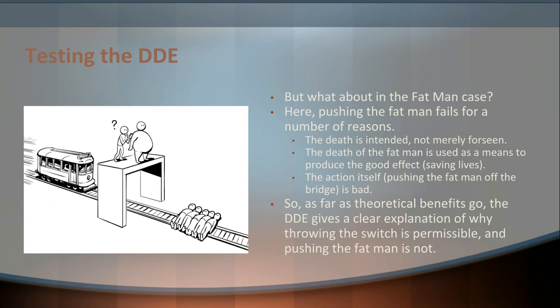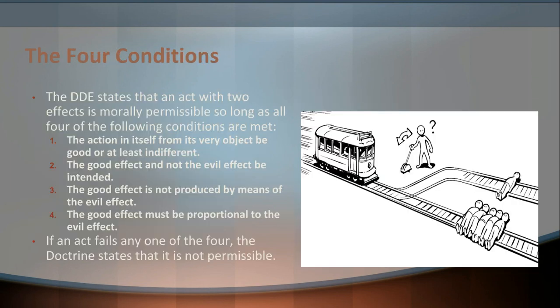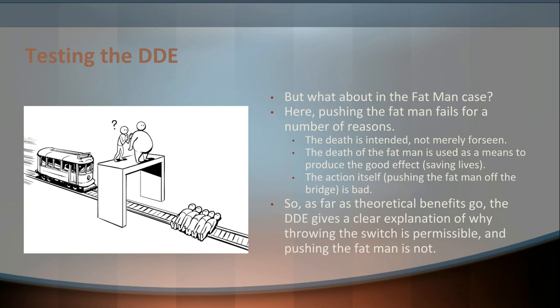These 3 points might help explain why killing one to save 5, that principle, that idea, isn't consistent in both cases. The Fat Man scenario is different. It has different sorts of moral features. And as far as theoretical benefits go, if we're looking at some of the theoretical virtues of this explanation of why the two are different, for one, it's a clear explanation. We can point to which conditions this idea failed.